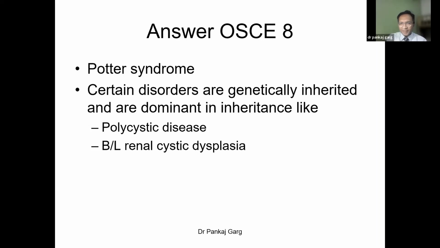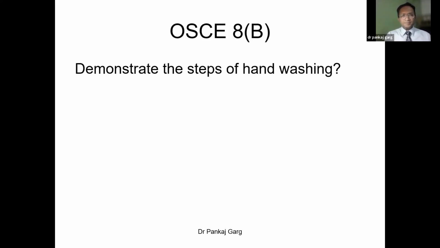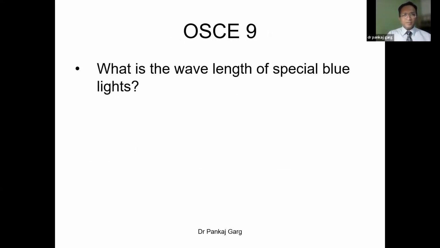Even renal cystic dysplasia can be genetically inherited and may not be lethal. So parents may be still alive, but you can do some benefit to them. You can diagnose it in them, and then you can treat the parents also. And per-urethral bladder catheterization will rule out posterior urethral valve, obstructive uropathy or neurogenic bladder, right? So this we can leave.